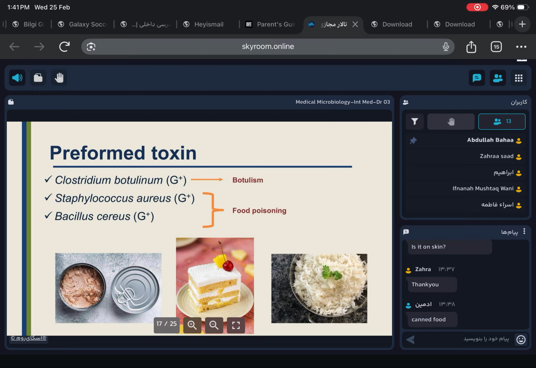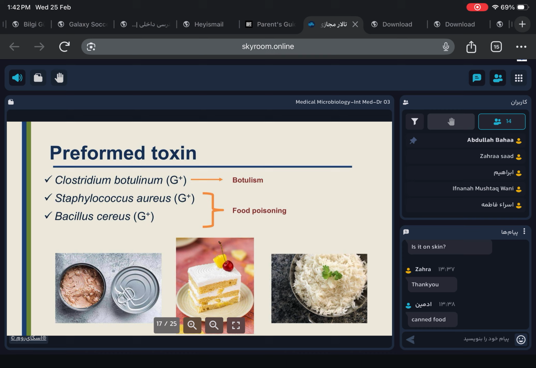And if we keep this cooked rice outside the refrigerator for a long time at room temperature, the spores start to germinate and they produce their toxin inside the cooked rice. And if we consume this contaminated rice, we can develop food poisoning again.